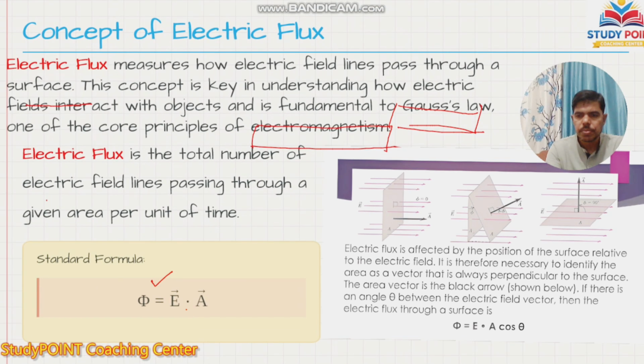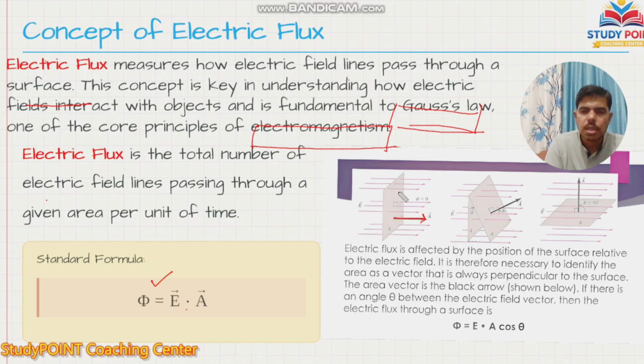First one, when the surface is perpendicular to the electric field line, then theta, the area vector. Area vector क्या होता है, जो सरफेस है, किसी भी सरफेस के परपेंडिकुलर जो भी लाइन हम ड्रॉ करते हैं, उस लाइन को हम एरिया वेक्टर बोलते हैं. जस्ट लाइक दिस वन, यू नो, दिस वन इज एरिया वेक्टर.